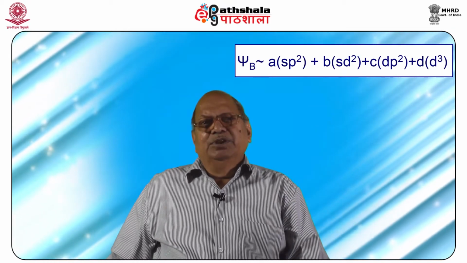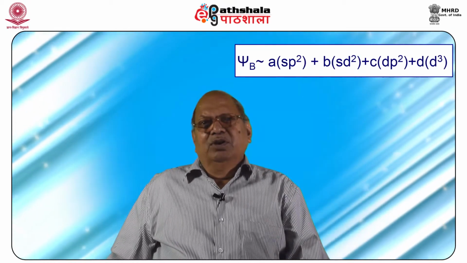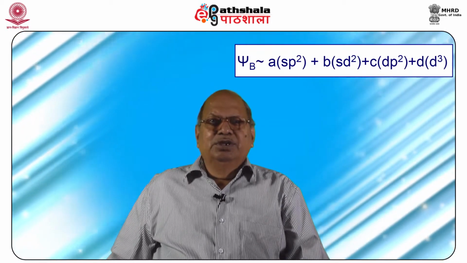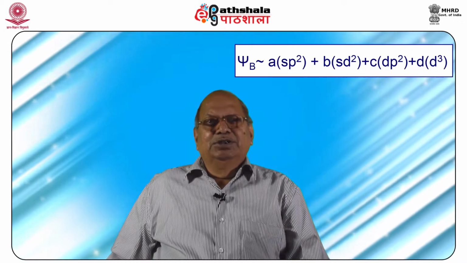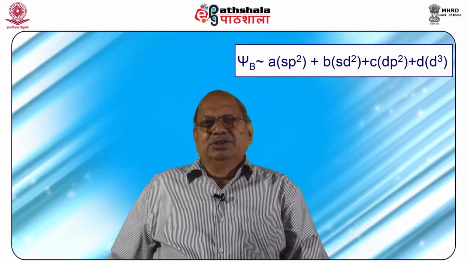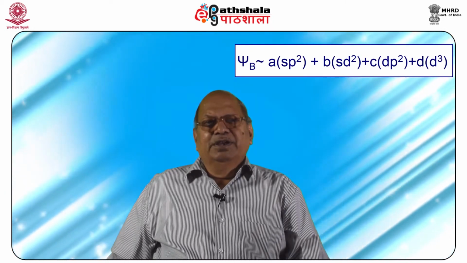So in BF3, the hybrid orbitals at boron are sp2 in nature, that is 33.3% s character and 66.6% p character.